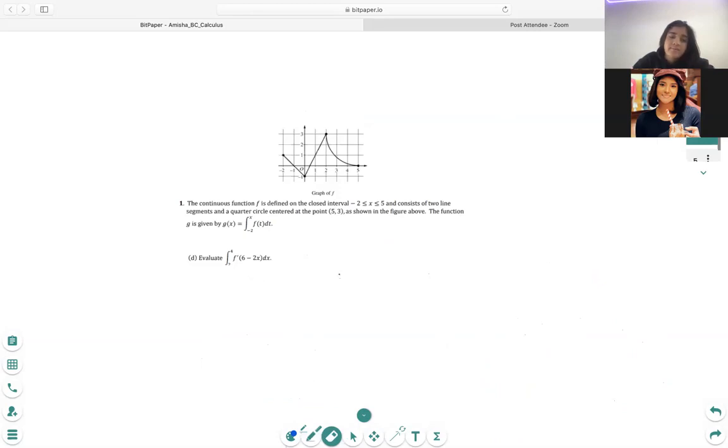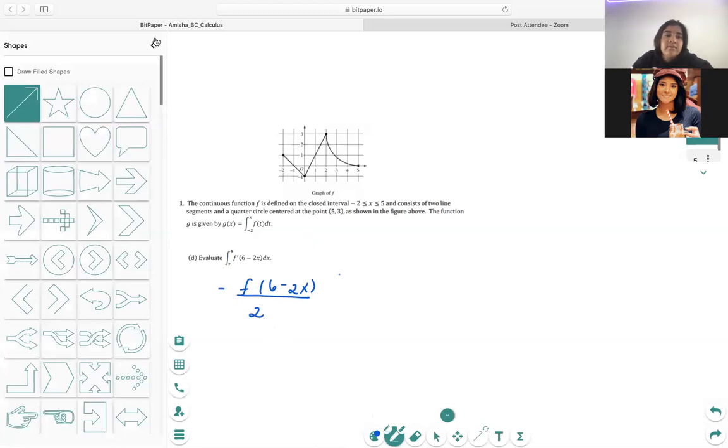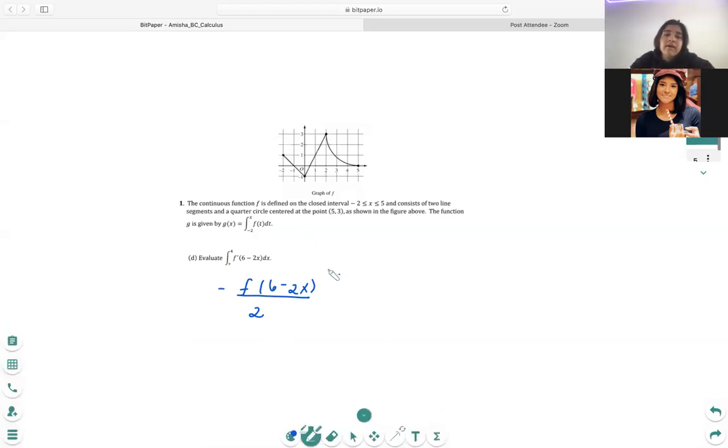We should just simply integrate. So we'll get f of 6 minus 2x over negative 2. This is undoing our chain rule. So to verify that, let's just take the derivative of this, and we should get f prime of 6 minus 2x, which is exactly what we get. So we're good. Evaluate it from the interval 2 to 4.